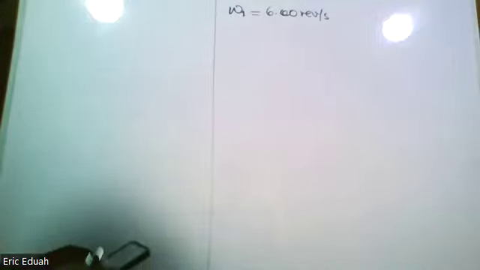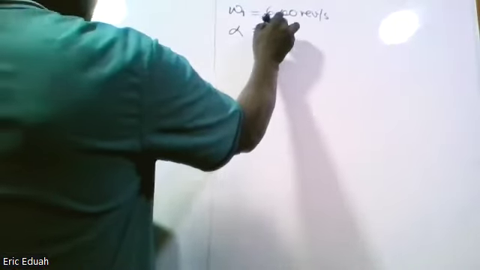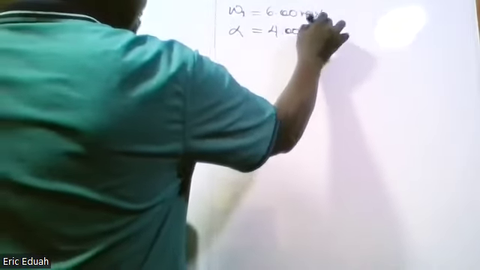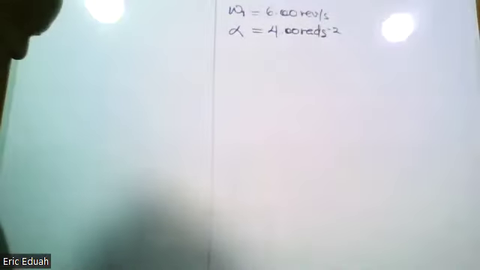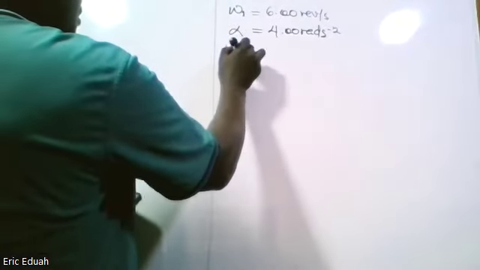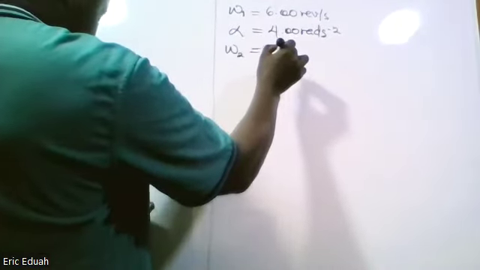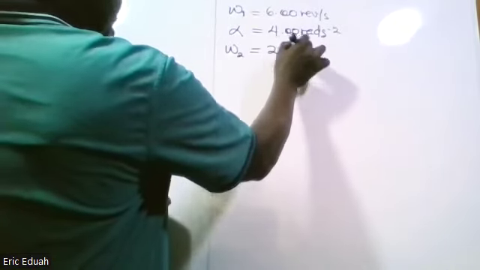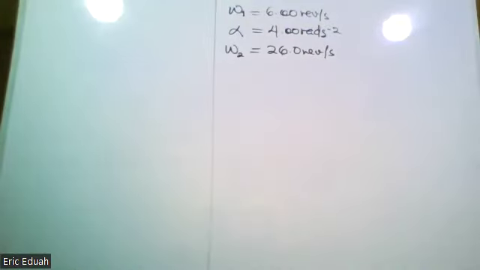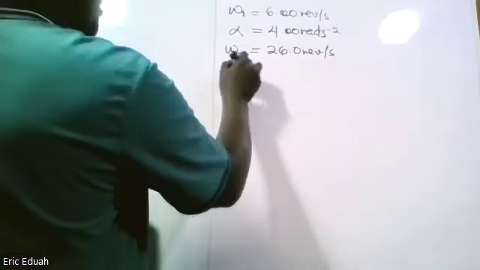Has an angular acceleration, alpha, of 4.00 radian per second squared. Find the number of times the wheel must make to reach an angular speed of 26.0 rev per second, and the time required, t.